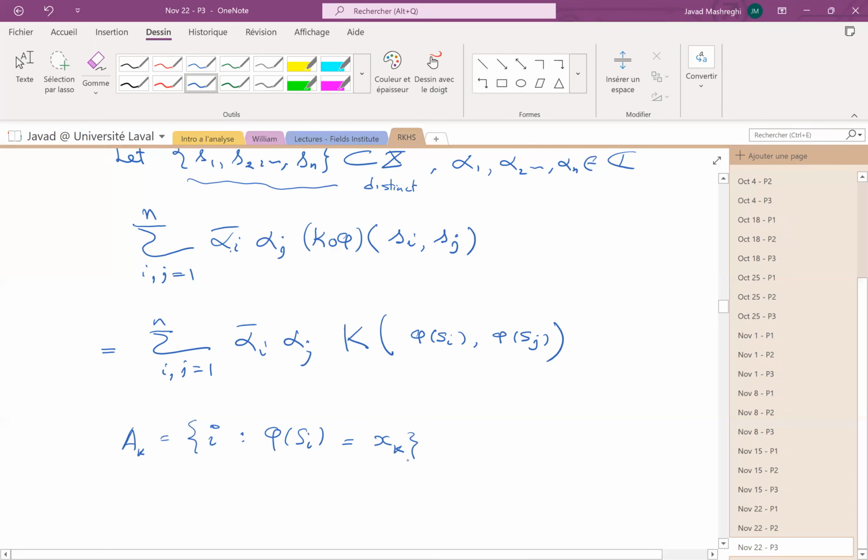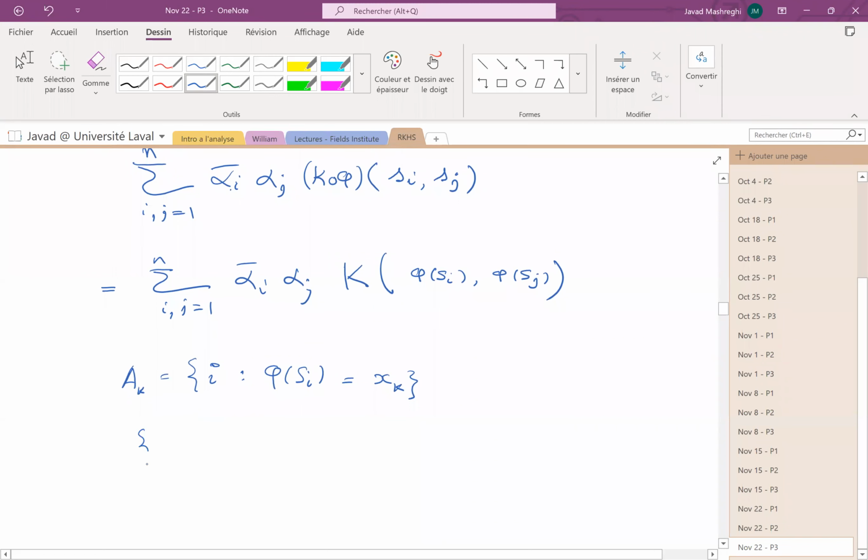What is xk? In other words, I consider the set phi(s1), phi(s2) up to phi(sn). These are elements of X, but probably there are repetitions between them. So I can write x1, x2 up to, say, index p, xp. p is not necessarily equal to n. It might be less.